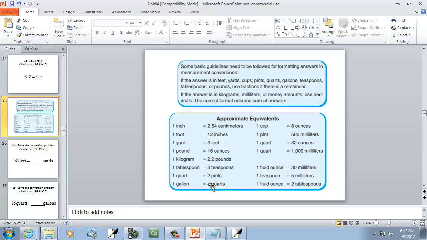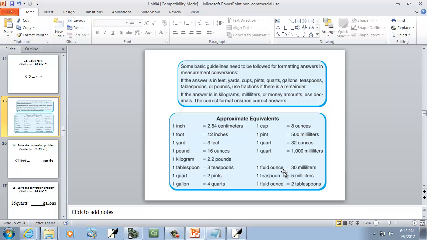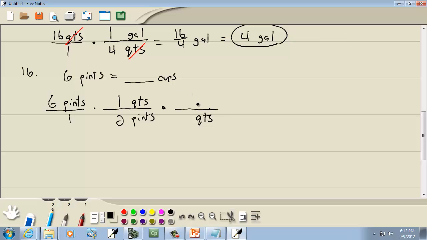What's the relationship? 2 pints is 1 quart. And we have to add a third fraction. This is quarts here, so this will automatically be quarts here. And 1 quart is 32 ounces. So that's quarts, that's quarts.